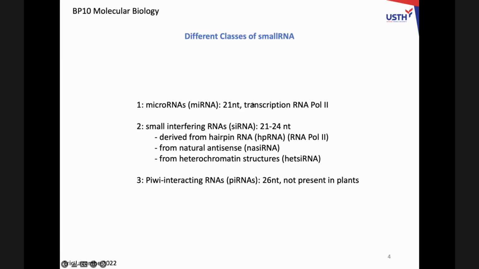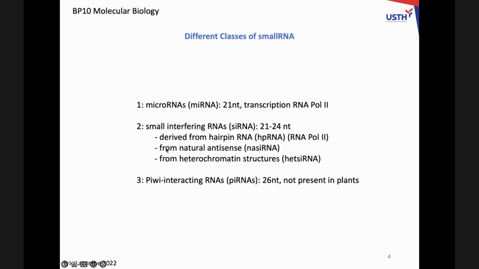MicroRNA come from dedicated genes, whereas small interfering RNA come from secondary structures of RNA, like hairpins. So it's a loop in the RNA that can be recognized. Some of the genes producing these strands are transcribed by POL2.